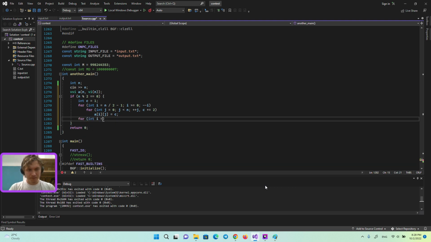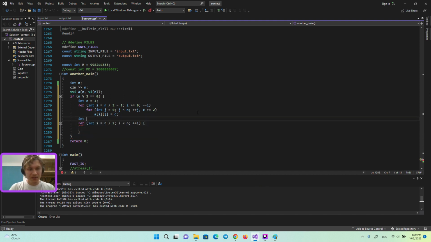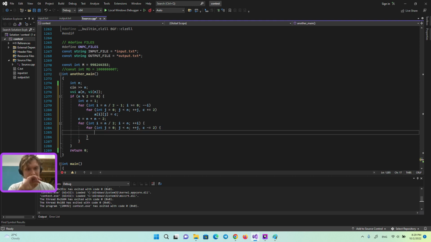So we say that c equals n times n minus 2. We say that aij equals c.